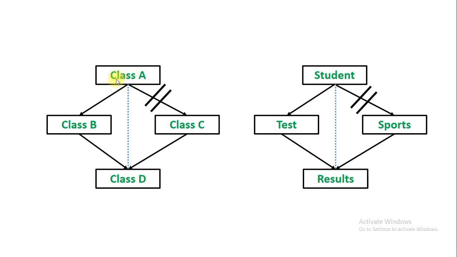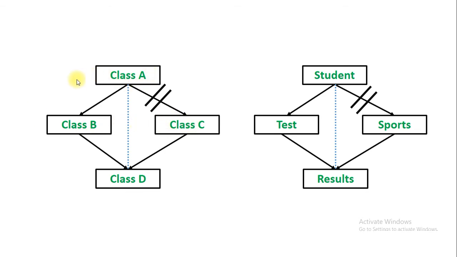Suppose class A says that I have 100 rupees in my account. At that time class B informs class D that I will give you 100 rupees of the grandfather. Similarly, class C repeats that, I will give 100 rupees of your grandfather. Actually, the money is divided between class B and C. That means there is a 50-50 partnership.